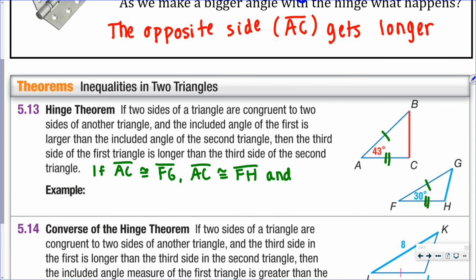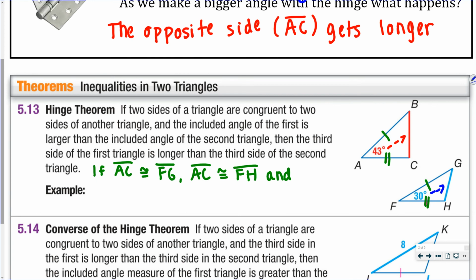Whichever two sides form a bigger angle, so it has to be the included angle, meaning the angle that these two congruent sides make up. Whichever one's bigger, their opposite sides, the one across from the bigger angle is going to be longer than the one from the smaller angle. Okay?